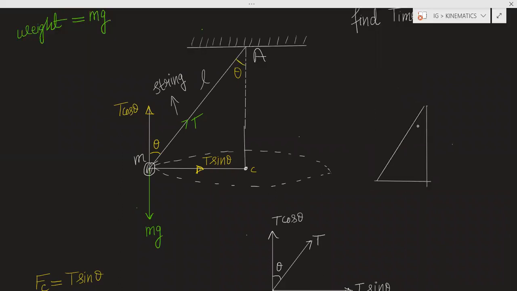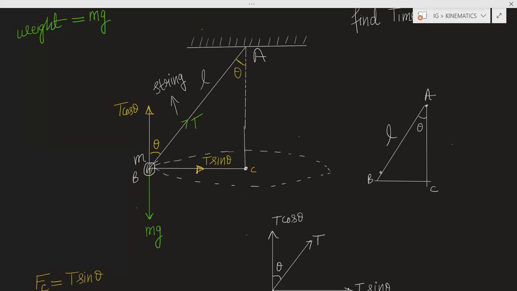So suppose this is point A, this is point B, and this is point C. I have taken this triangle and I want the distance BC. This distance is given as L, and this angle is theta.